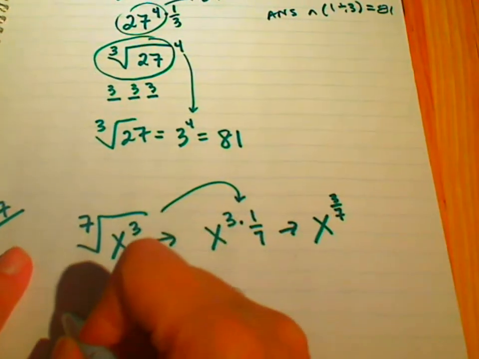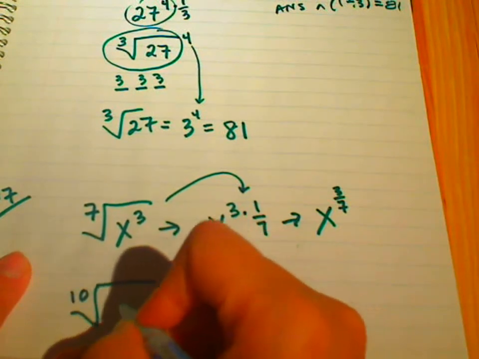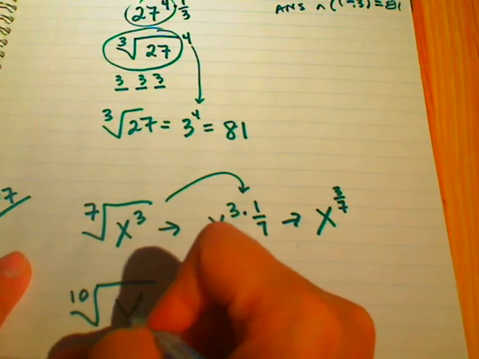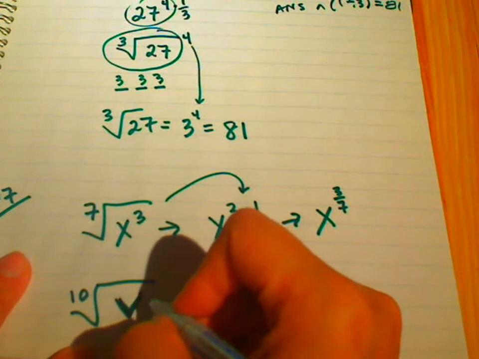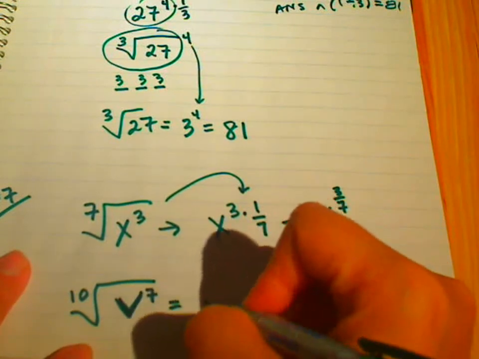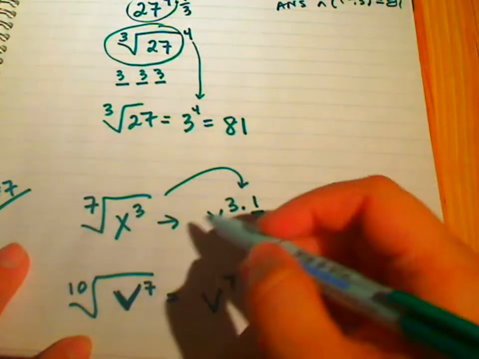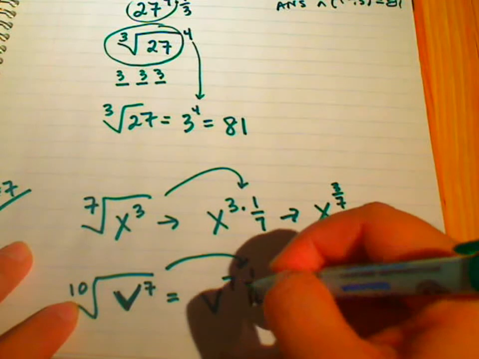So to try another one, let's say 10. I'll do a v this time. V to the 7th power. So v to the 7th stays the same. This comes over as 1/10.